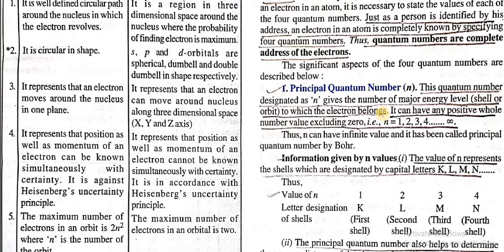It is the number of the shell or orbit that is present for an electron. It can have any positive whole number value excluding 0. So n cannot be 0. It will have 1, 2, 3, and it goes on up to infinity.